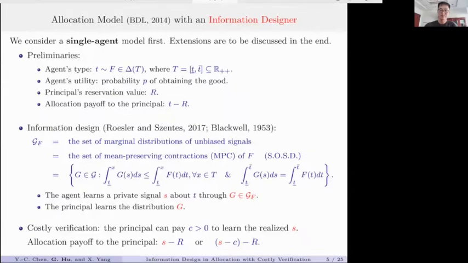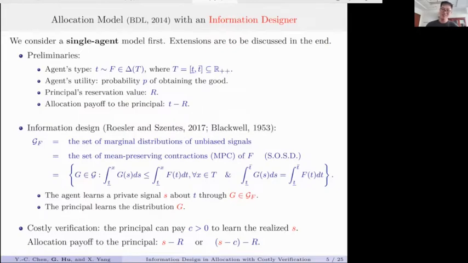Thank you. What is the payoff of the information designer? Okay. We will talk about this later. But we can illustrate the information designer's preference in the example for the PhD student recruiting.